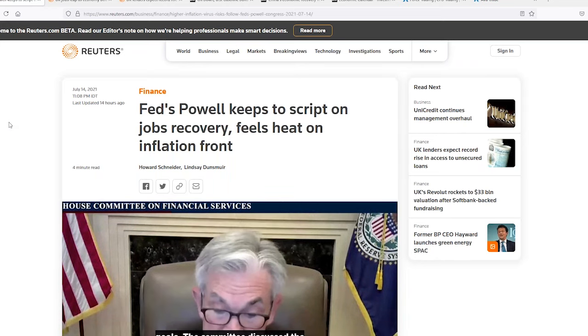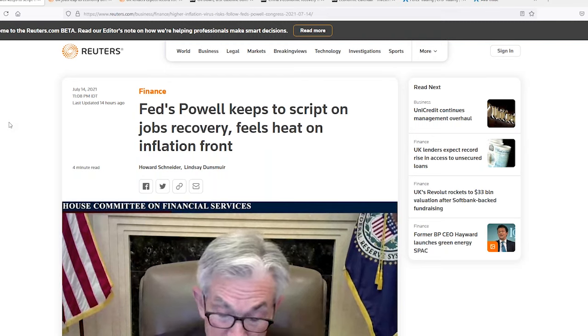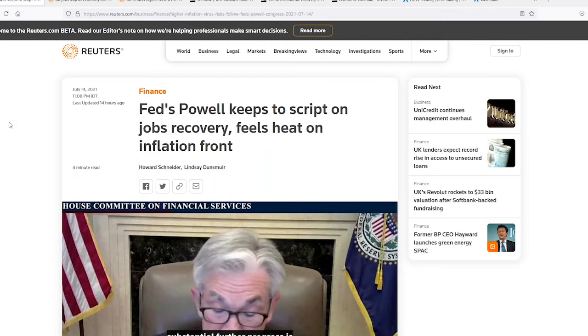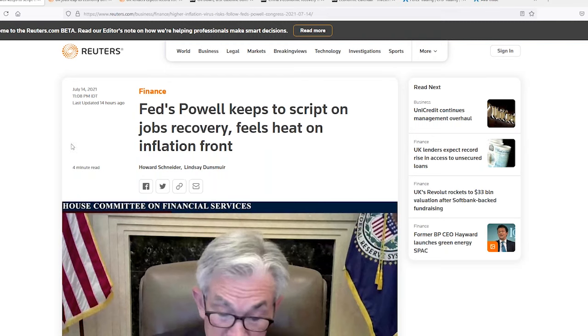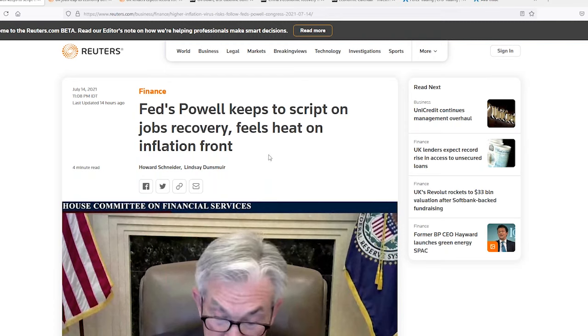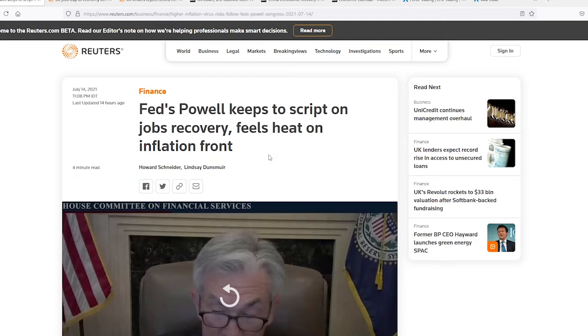Yesterday and some more today, when they say Fed's Powell, they're talking about Jerome Powell in the US, who is part of the group that makes financial decisions in the US. The monetary policy is guided by him and other big names in the US. And when he speaks, a lot of times the markets listen.